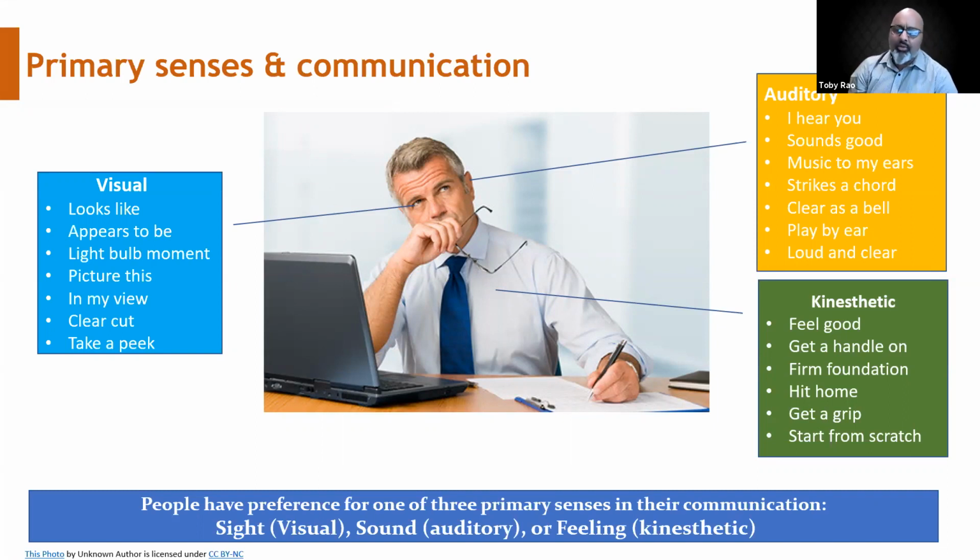The way we process information is images, sounds, and feelings. Images are visual. Sounds is what is called auditory. And by touching, feeling, that part of how we understand things is called kinesthetic.